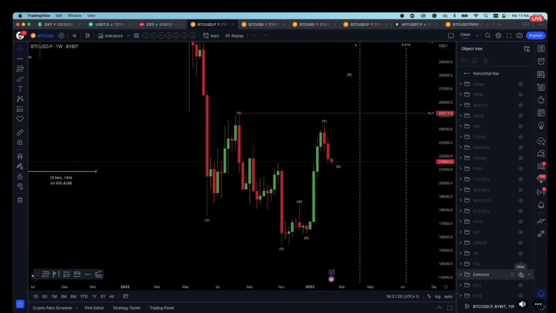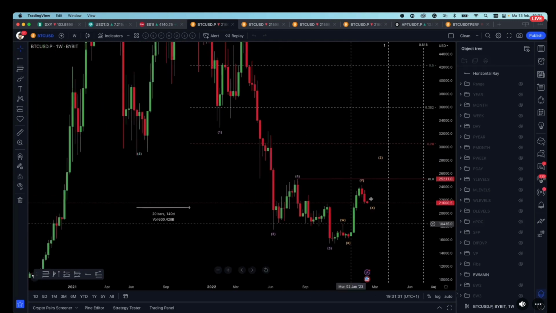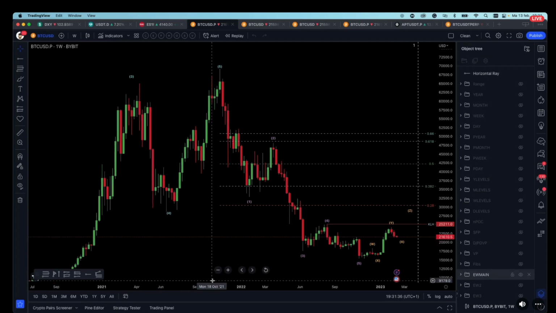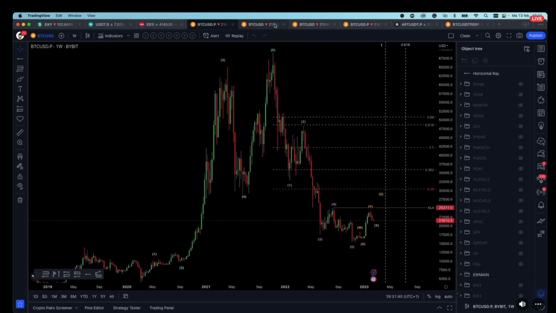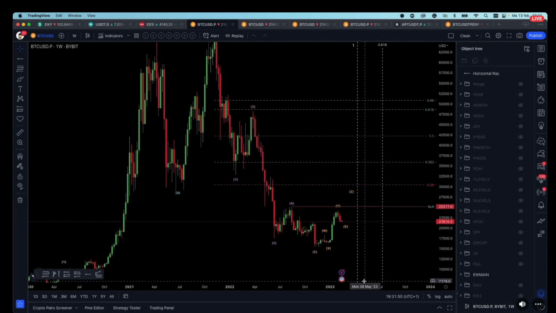So I actually have a couple of Elliott Wave counts too on this chart, on this move. Let's just say that this was 1, 2, 3, 4, 5. So here we have sideways correction, sharp correction, and then 1, 2, 3, 4, 5. I am looking at a couple different things here.